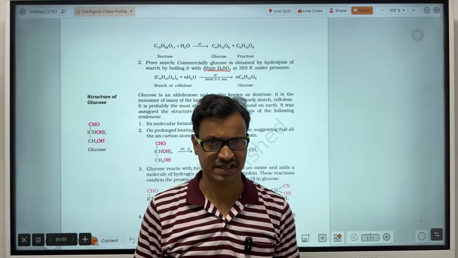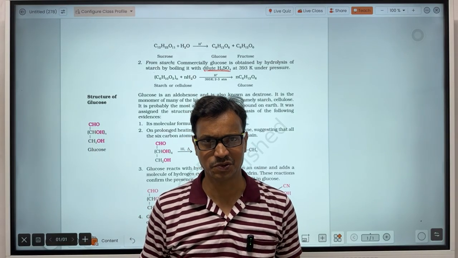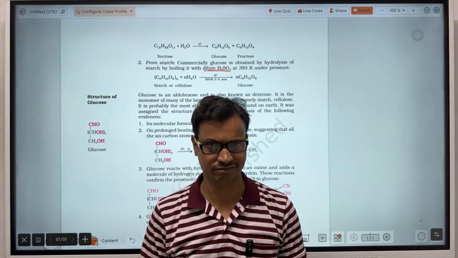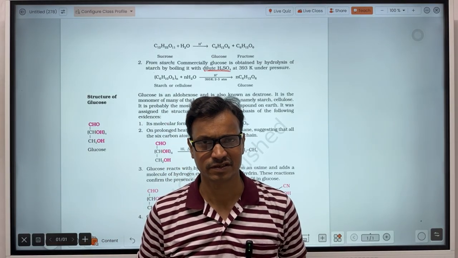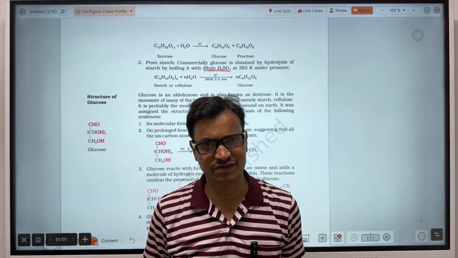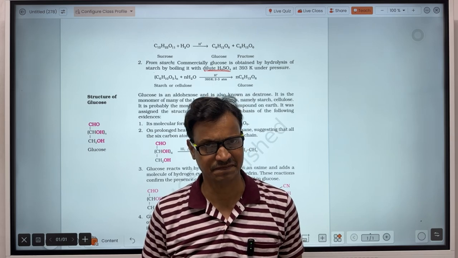One is from kitchen sugar and the second one is starch. Sucrose is made up of glucose and fructose, so when we hydrolyze sucrose, we get glucose and fructose, of which glucose will be separated from fructose.